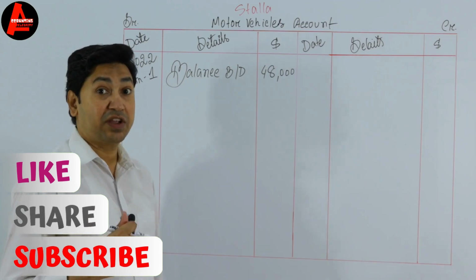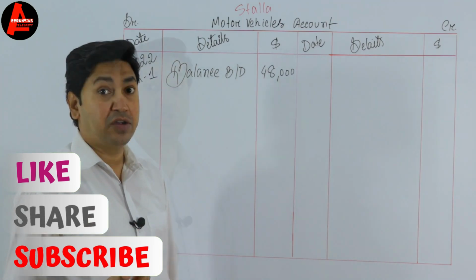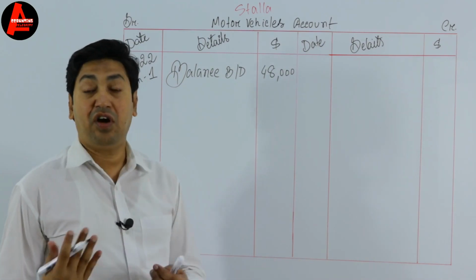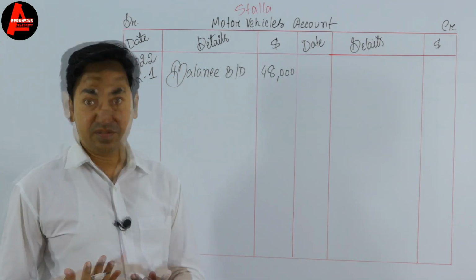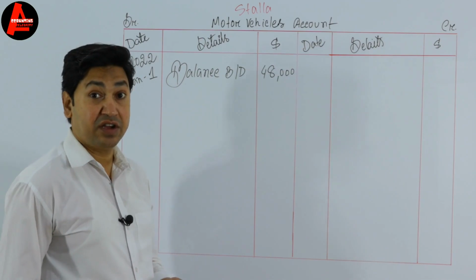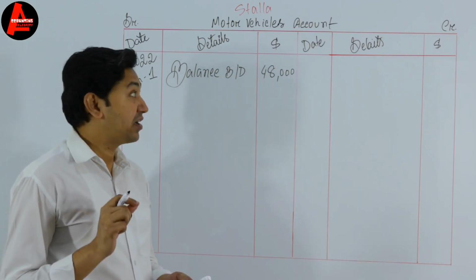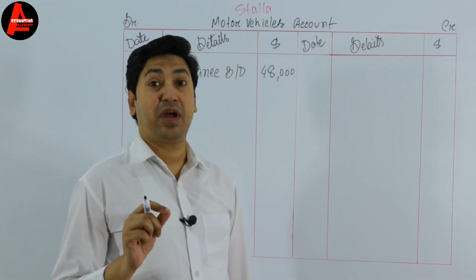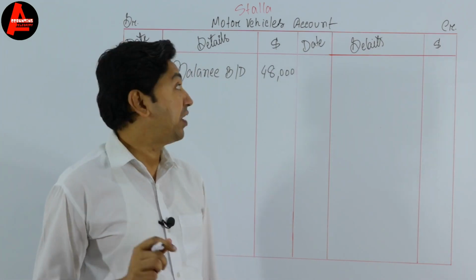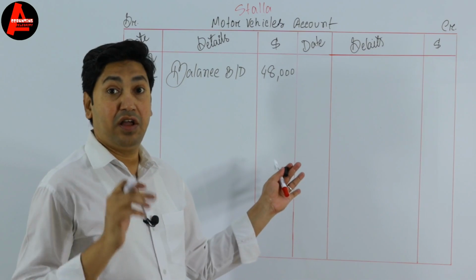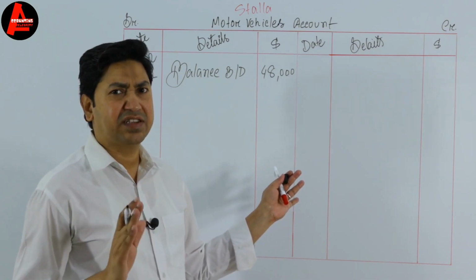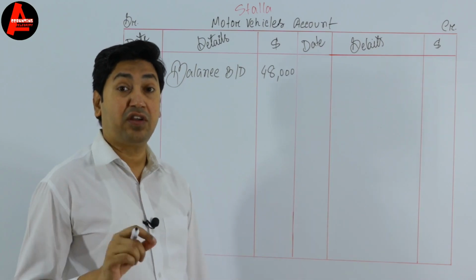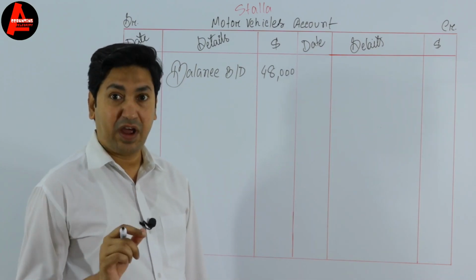Now my question is, which amount should appear here, $9,500 or $16,000? Well, if you say it is $16,000, you are totally correct, okay? Do not write the selling price of the motor vehicle here. When you prepare any asset account, do not write the selling price. You need to write only the cost price, okay?